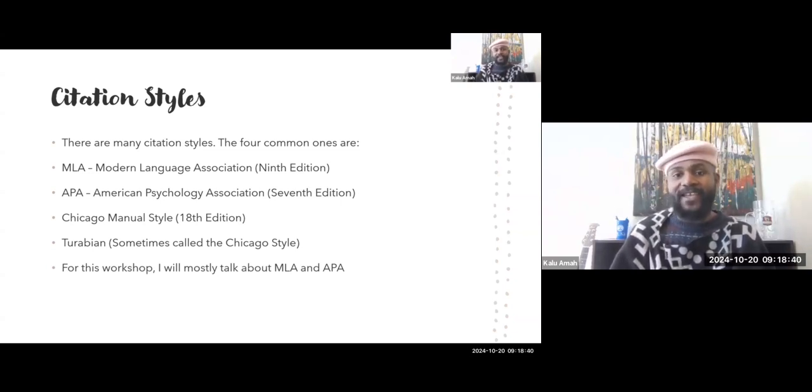Like I said, it's a progressive thing, but you can always go as far as researching Chicago or Turabian, if that is what your profession uses. But for the most part, almost everyone here is using either MLA, the Modern Language Association, or APA, the American Psychological Association.